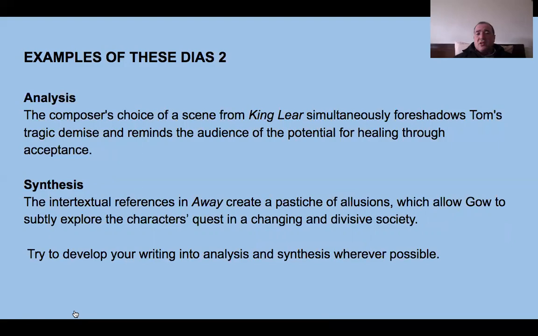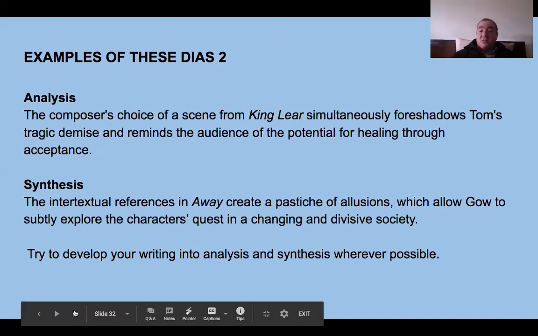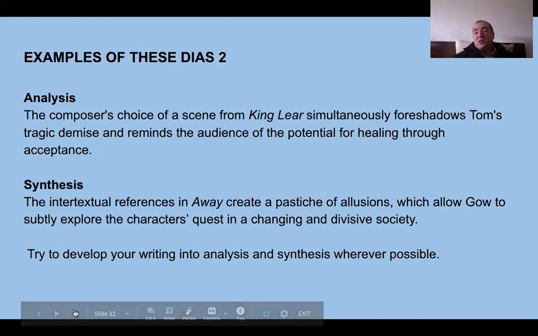The intertextual references in a way create a pastiche of allusions which allow Gow to subtly explore the characters' quest in a changing and divisive society. Try to develop your writing into analysis and synthesis wherever possible. Sometimes you can't do that, but that's what you need to be striving for.